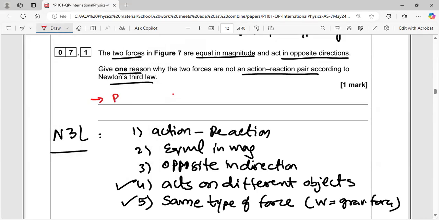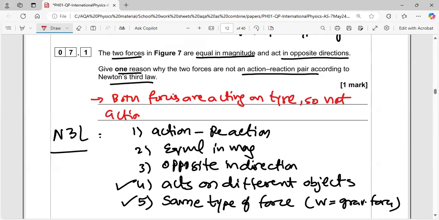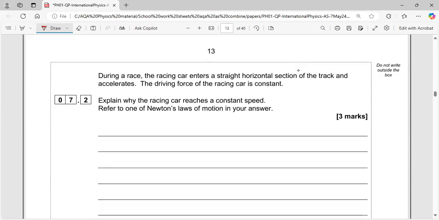You can write that both forces are acting on the tire, so not an action-reaction pair. Or you can say that both the forces are of different type. One is the reaction force and one is the gravitational force. So that's why these are not action-reaction forces.